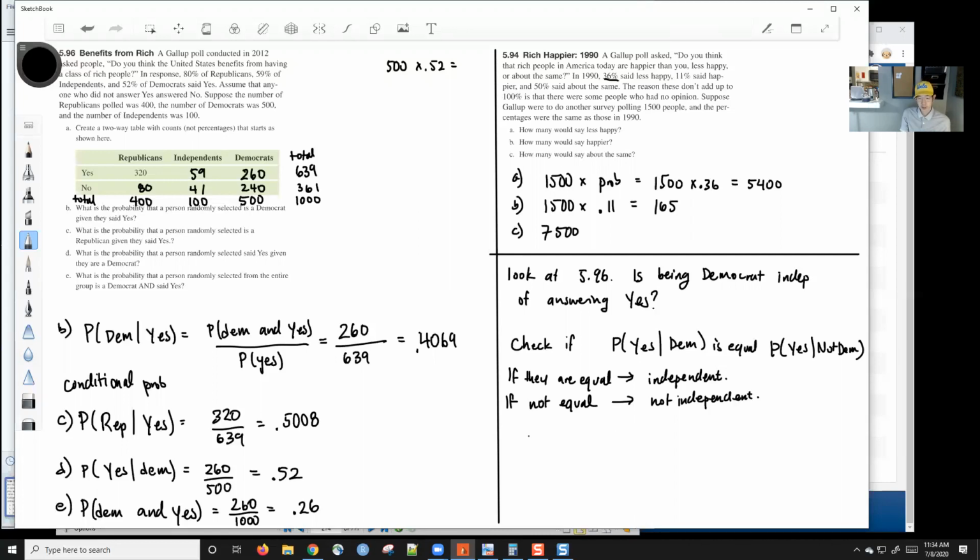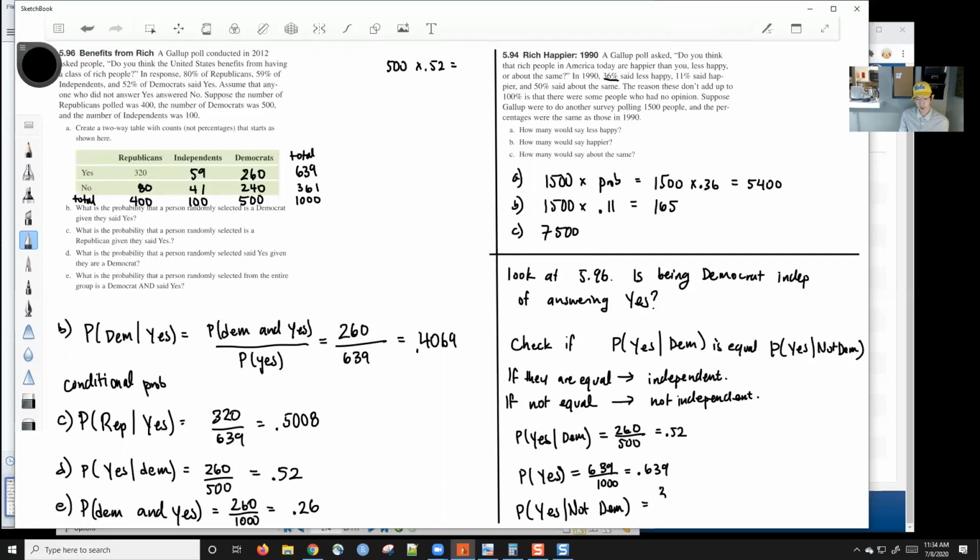Okay, so probability of yes given Democrat is right here, 260 out of 500, 0.52, okay? And then we could either just check probability of yes in general, which is 639 out of 1,000, so 0.639. Or we could do probability of yes given not Democrat. And this would require a little bit more work.